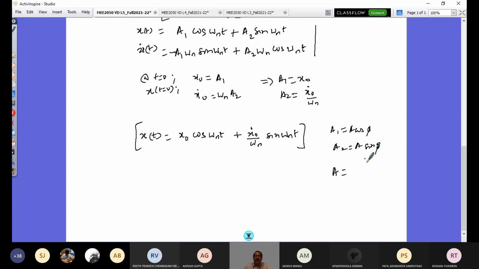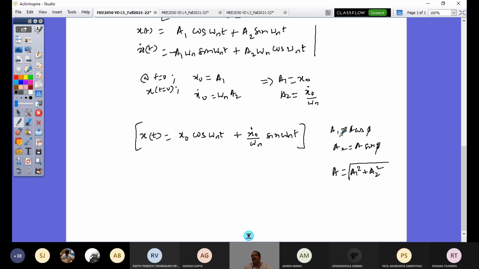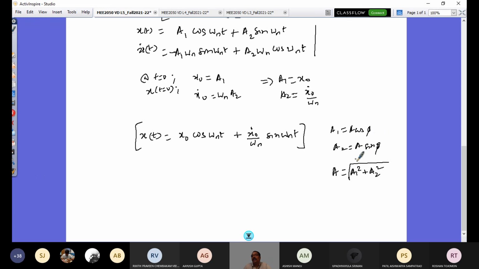A would be under root of A1 squared plus A2 squared. By substituting this, I would have cos squared phi plus sin squared phi, so I square on both sides and add and take square root. So trigonometric terms go off.